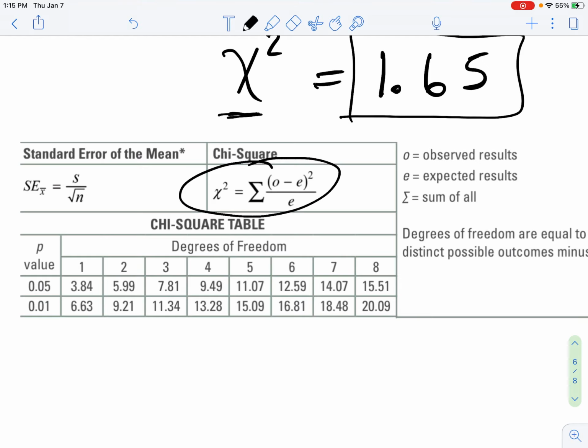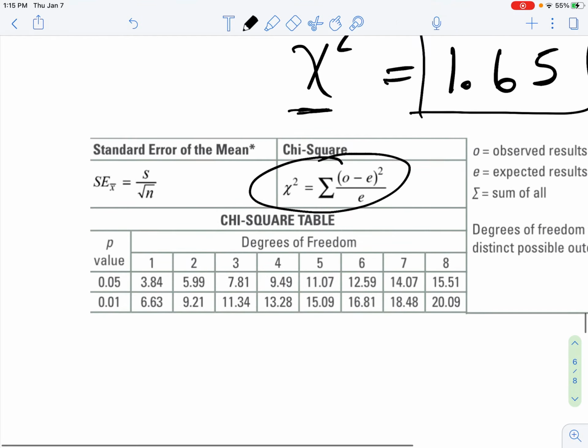So we have to figure out which column and row to use. The row wasn't determined for you. If the question asks you to determine to a 95% confidence, we're going to use that value. If the question asks you to determine to a 99% confidence, we would use that row.